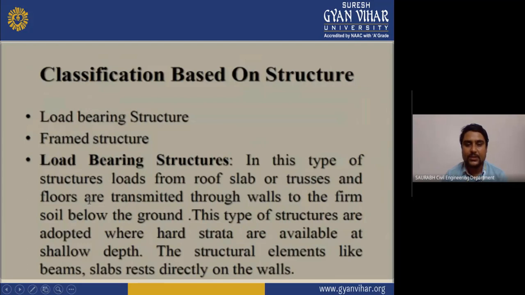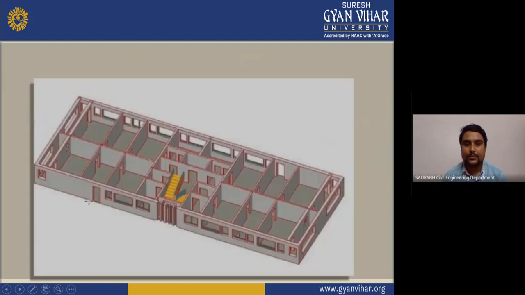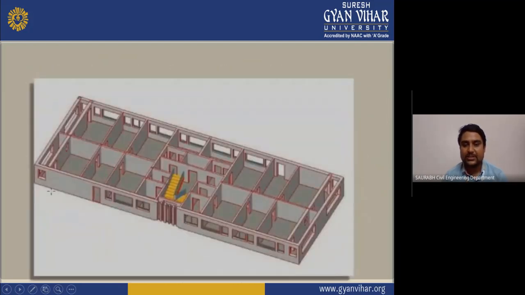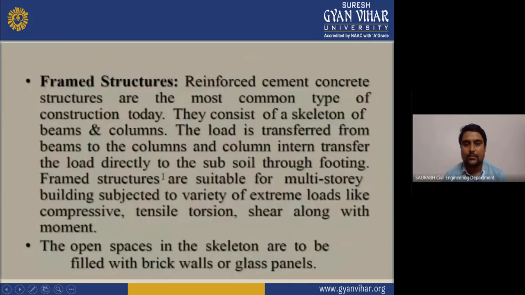These types of structure are adopted where hard strata are available at shallow depth. The structural elements like beam and slab rest directly on the wall. As you can see here, this is your image of load bearing structure, and this diagram is made in AutoCAD. Now come on the framed structure. What is the framed structure? We will know here.